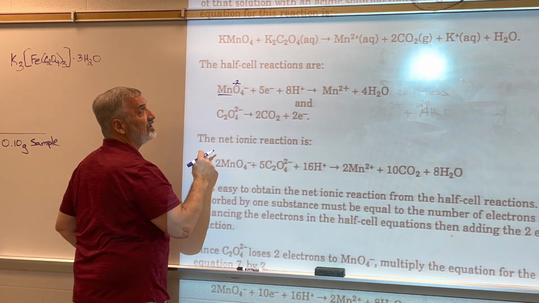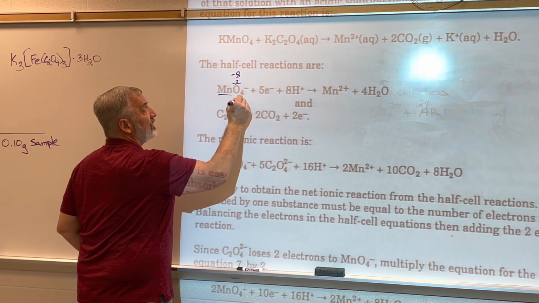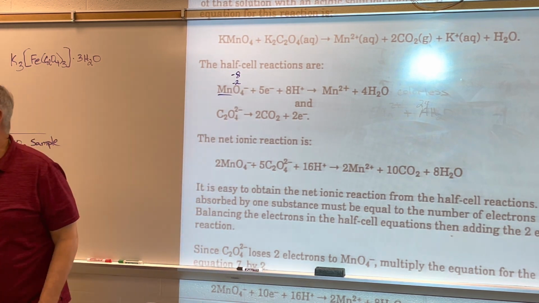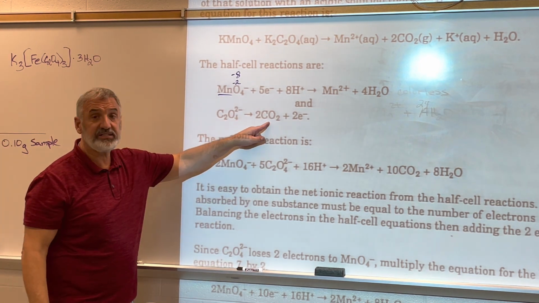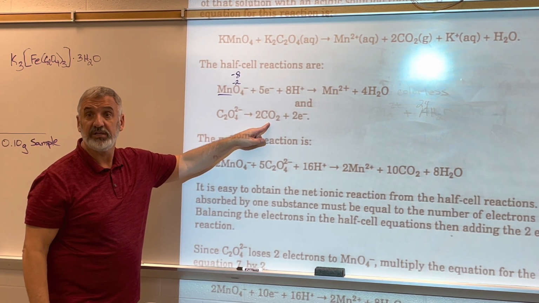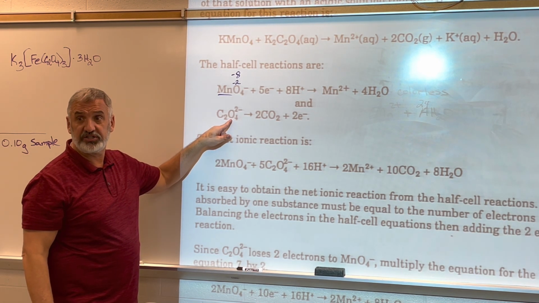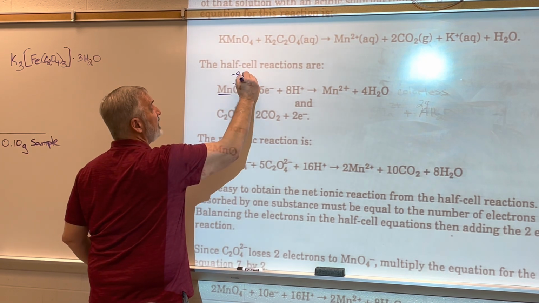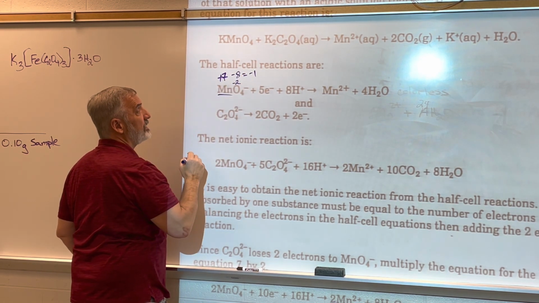Oxygen's -2, so? So? How do I know that it's -1? Because the charge. If it's a compound like CO2, what's it going to add up to? 0. But if it's an ion, like oxalate, what are the charges going to add up to? -2. So I know it's going to equal -1. So therefore manganese must be +7.